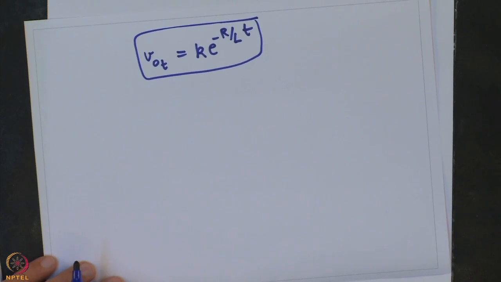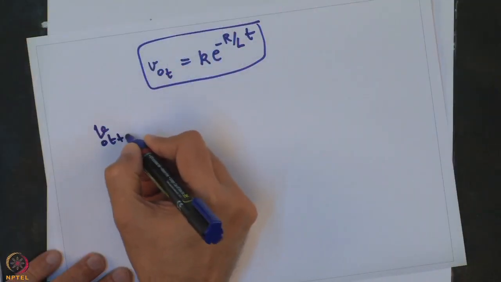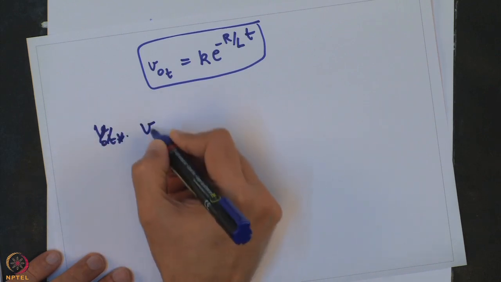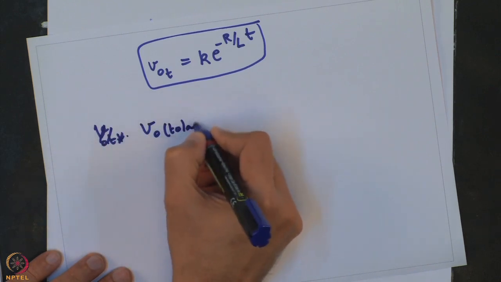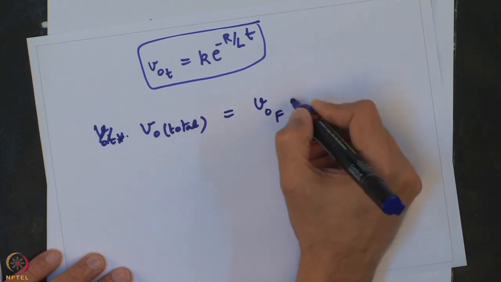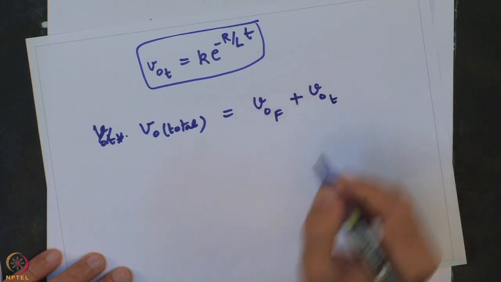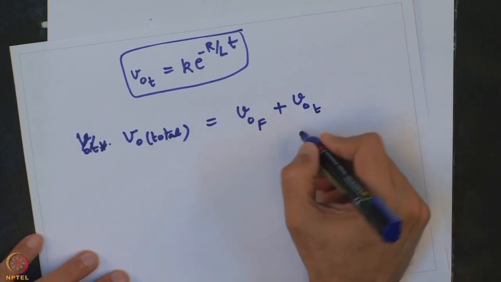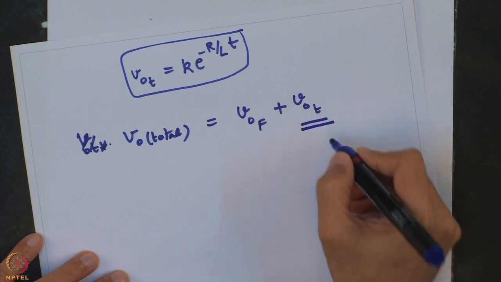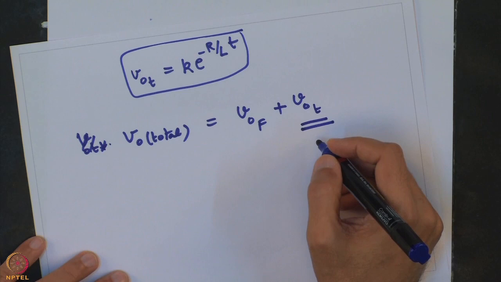And considering our earlier discussion and our conclusion, we can say that the total solution, V0 total, is nothing but V0 forced plus V0 transient. And this particular term is a transient term, which is due to the natural response of the system.